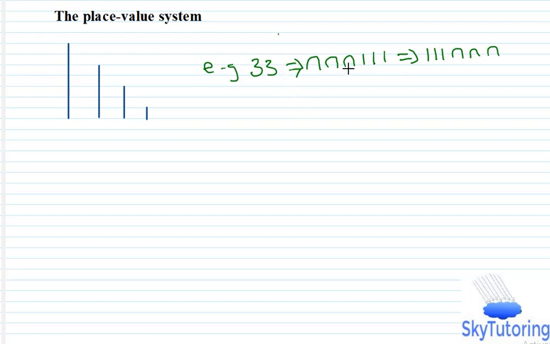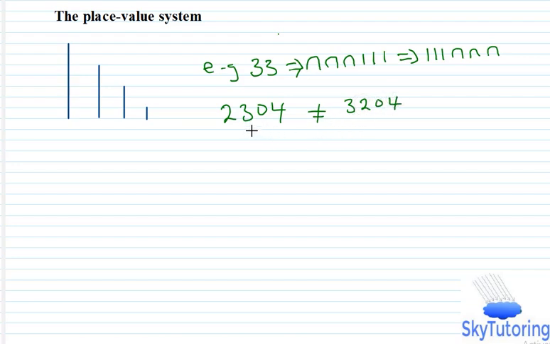But in the case of the place value system, you cannot interchange the symbols, or in this case, the digits. When we're talking about the place value system, we're talking about digits. Let's say we have the value 2304. It is not the same as 3204.